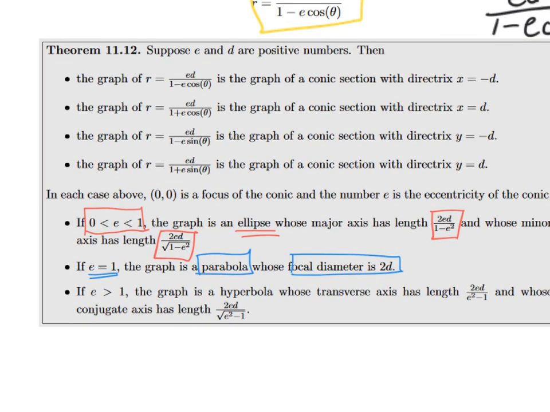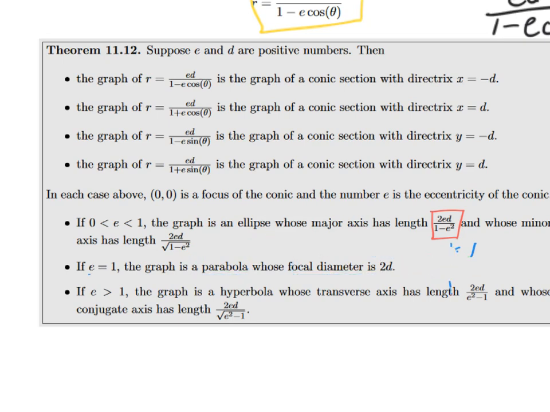When we're talking about graphing a parabola, if this is the location of the focus, then the focal diameter is from side to side through the focus. That is your focal diameter. It's also going to tell us the distance from the focus to the vertex.